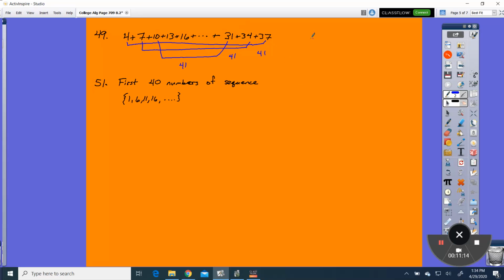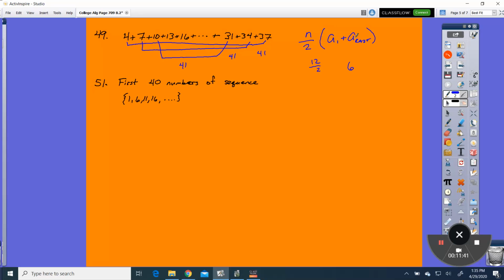So in question number 49, counting in my book, I get 1, 2, 3, 4, 5, 6, 7, 8, 9, 10, 11, 12 terms. So the formula says if I take the number of terms and divide it by 2, because each of these are pairs, so 12 divided by 2, I get 6 pairs. And I go the first term plus the last term, because all of these make 41.